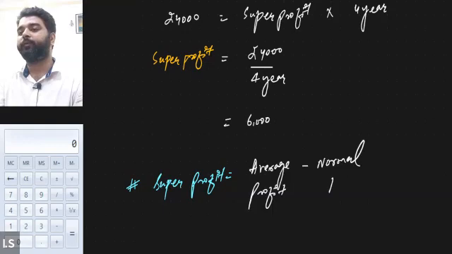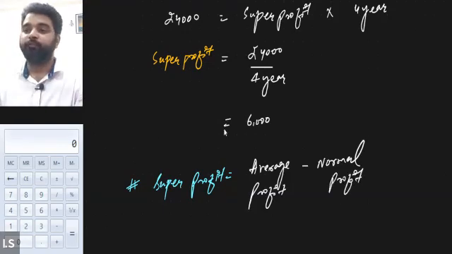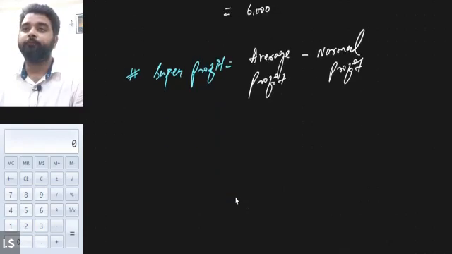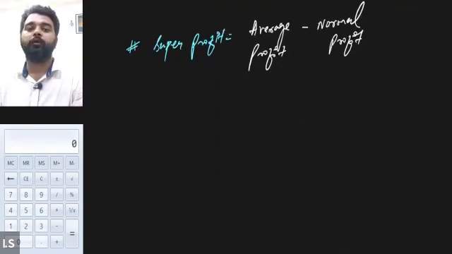This is the formula, everyone. Am I writing it right? Average profit minus the normal profit. Is this the formula? Yes, sir. So the super profit is given to you already. We just calculated super profit, which is 8,000. Sorry, not 8,000. It was 6,000. Super profit was 6,000.